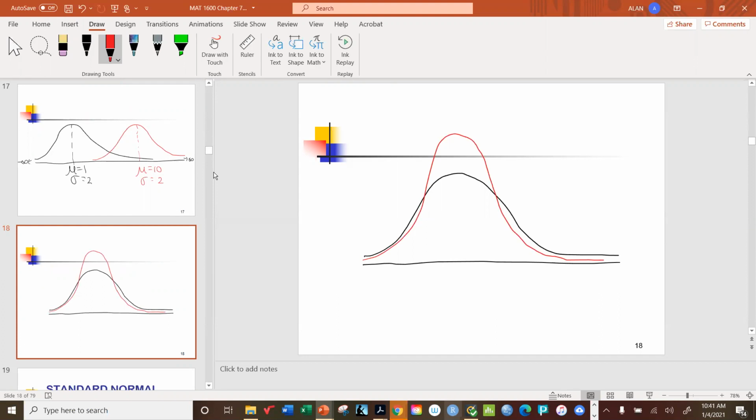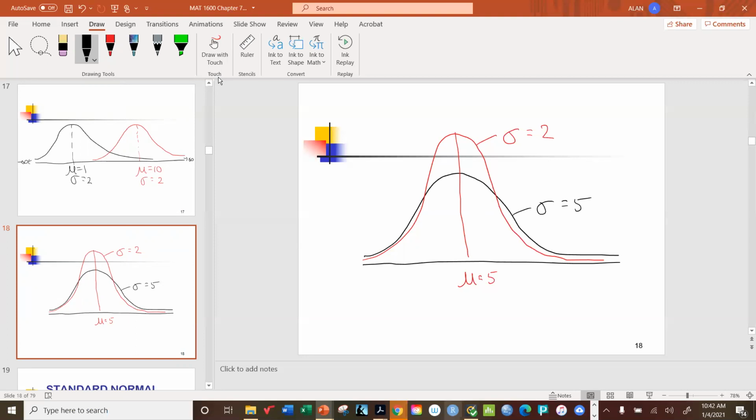Okay, now what's going on here? Well, they both have a mean of, let's say, 5. What's different, though, is that this one has a small standard deviation, let's say it's 2. And this one has a larger standard deviation, let's say that it's 5.